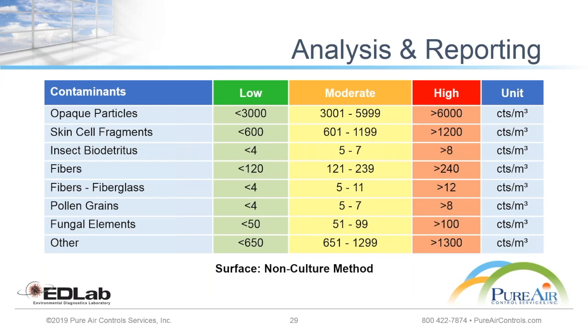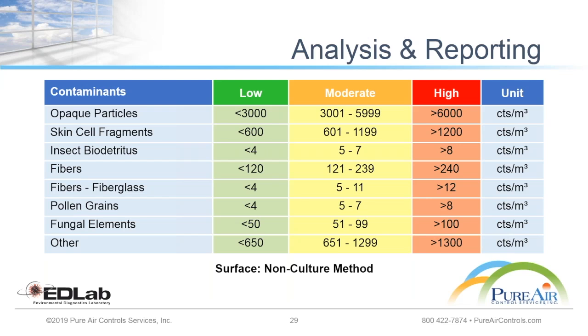This is a very similar table, and this one looks at the surface. In the superficial investigation, we have compiled over 10,000 samples, and as a result we found that opaque particles should be less than 3,000 counts, skin cells less than 600 counts, insect biodetritus less than 4 counts, fiber less than 120 counts, fiberglass fiber less than 4 counts, pollen grains less than 4 counts, and fungal elements less than 50 counts.